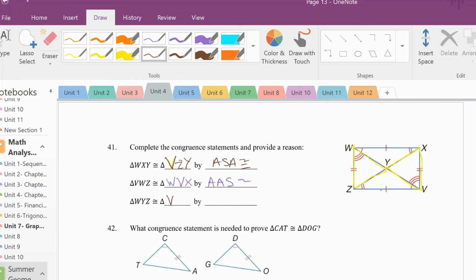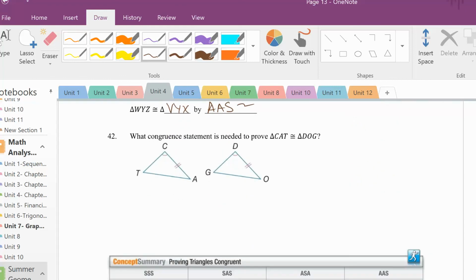And then the Y's match up with each other, and then the X and Z. And the reason, well, if you notice, you have angle, side, and then you also have vertical angles here. So it would be angle, angle, side congruence.